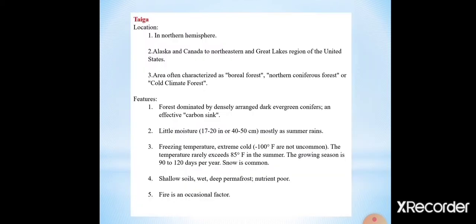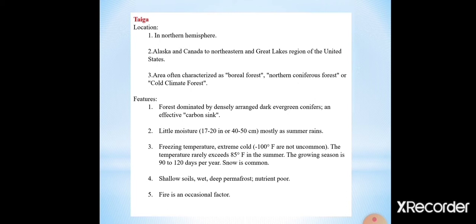The next one is the taiga region, that is the boreal biome. It is located in the northern hemisphere, from Alaska and Canada to the eastern and Great Lakes regions of the United States. It is also known as the boreal forest, or the snow forest.